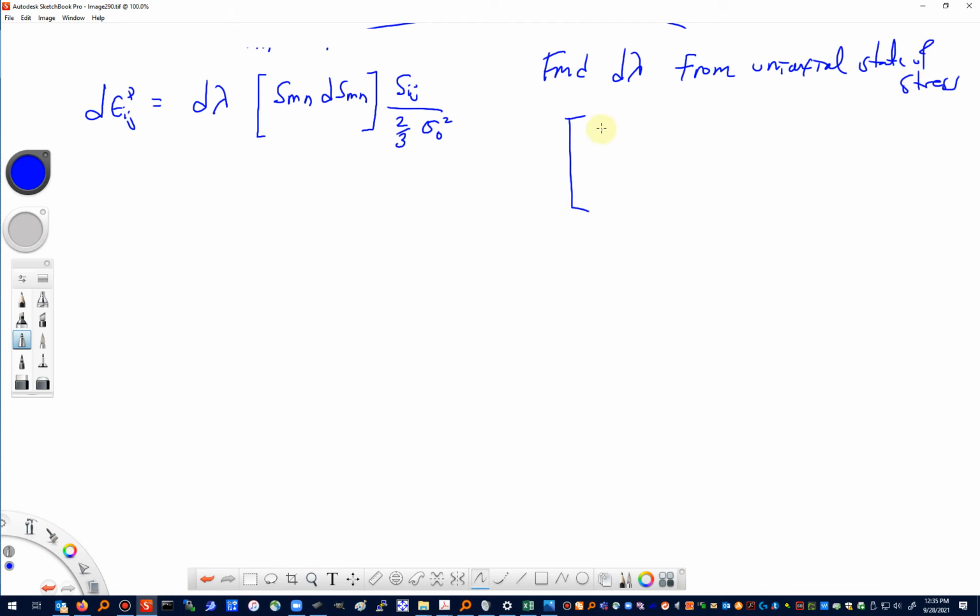So with a uniaxial state of stress, we can figure out what d lambda is equal to.